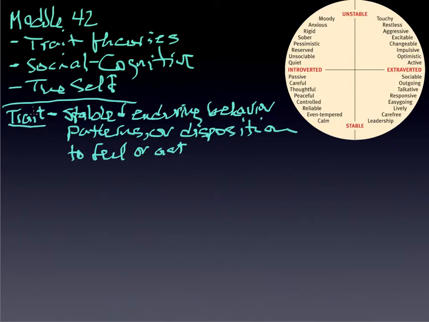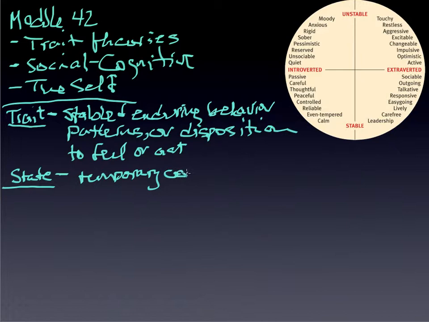Now, the opposite, if you want to understand a trait a little further, is the idea of a state. If someone were to say, what state is your heart in, you might say that I feel kind of sad today. Well, that's a state. It's not something that necessarily will be enduring or stable. So this is seen as a temporary condition, the state of a person.